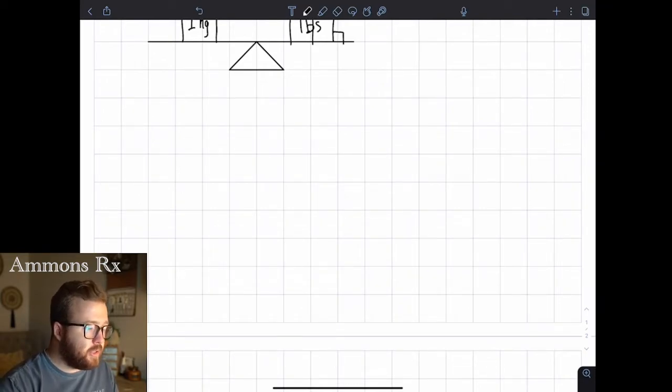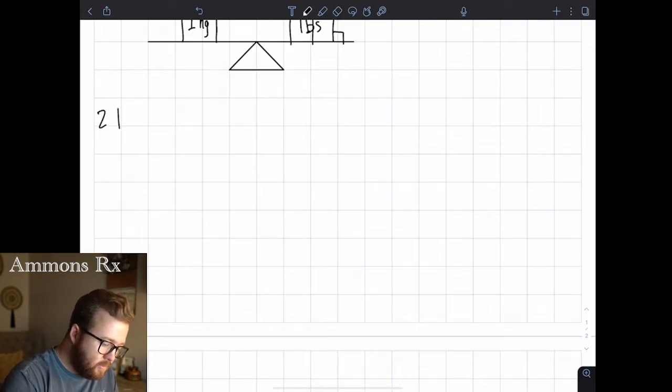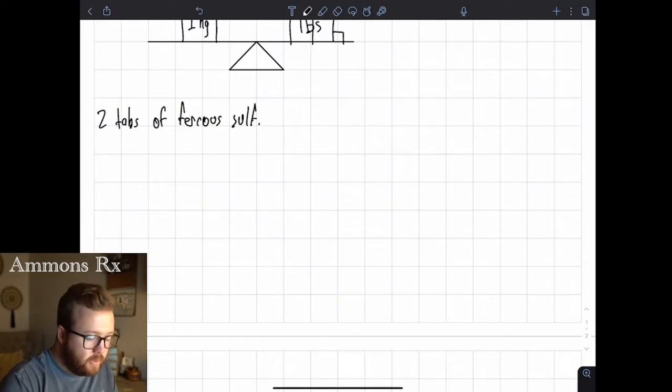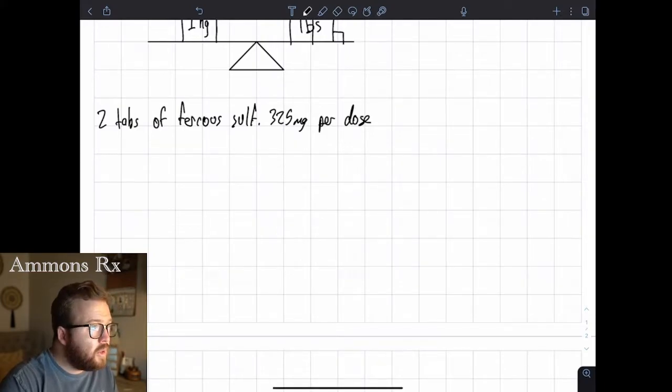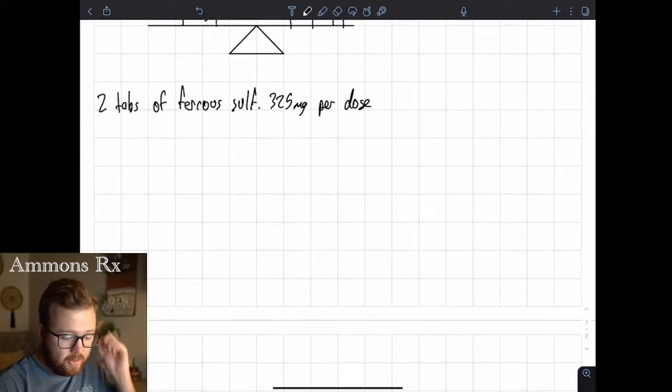A prescription for 2 tablets of ferrous sulfate, 325 milligram per dose. How many grains will the patient take each dose? So remember how many grains are in a milligram.